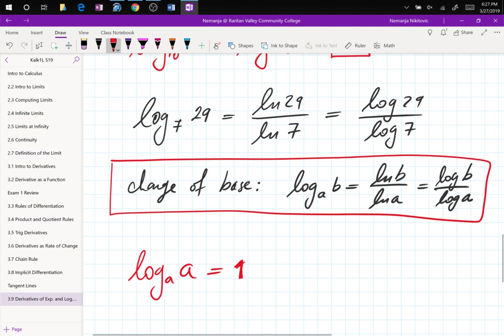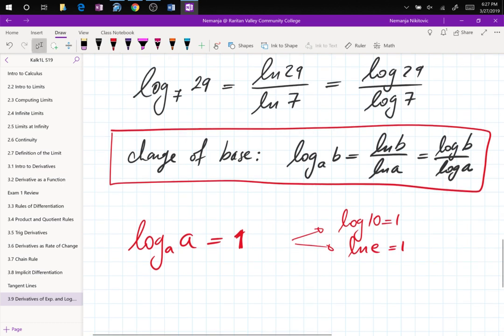This means immediately that log of 10 is 1 and that ln e is 1. Now, if you want to prove that this is true, just use the conversion and you will get that a to the 1 is equal to a, and you know that's true. So conversion proves this quickly.